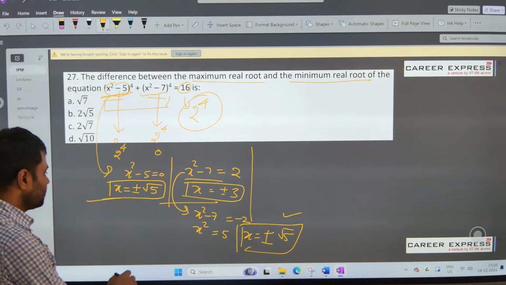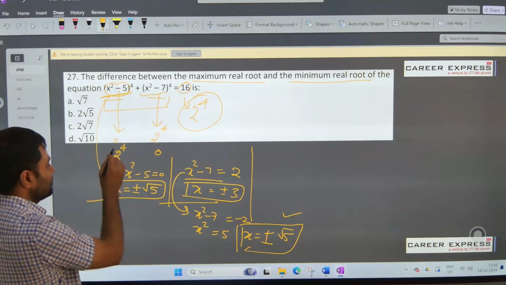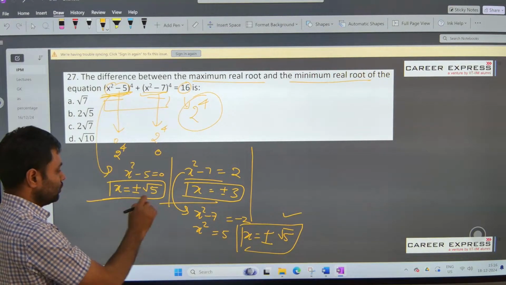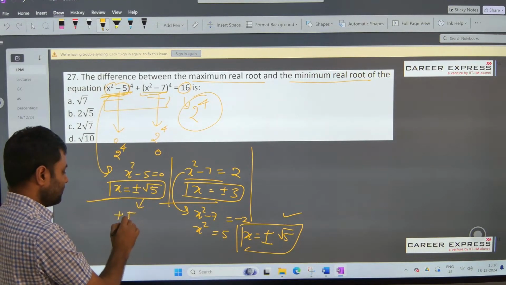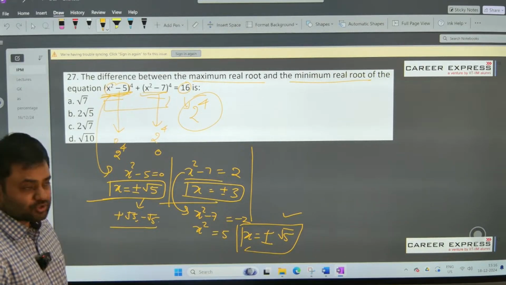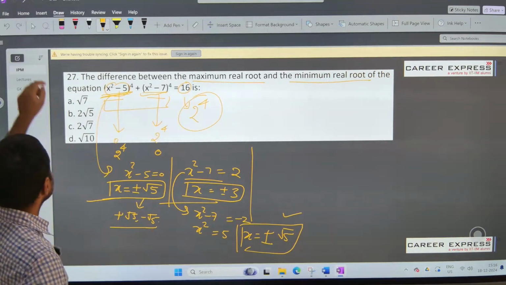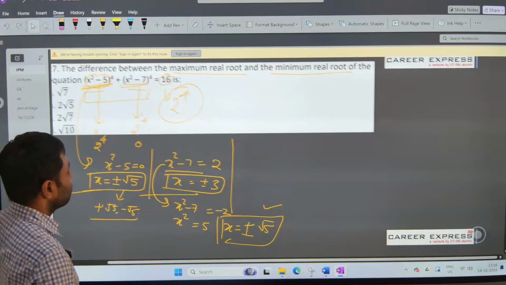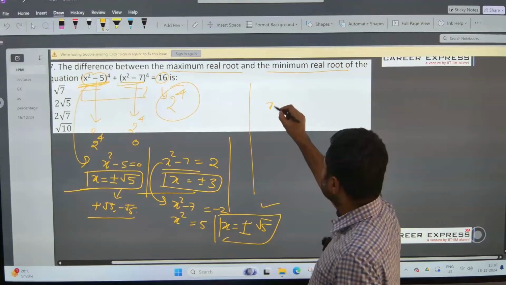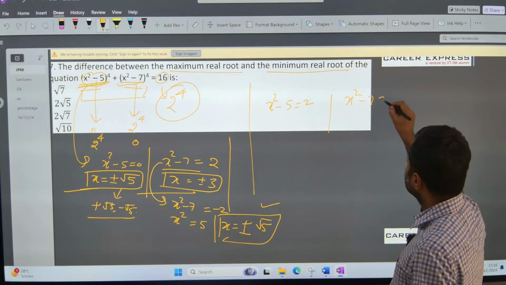So I can say that the two roots that we get from the first assumption, when x square minus 5 is 0 and x square minus 7 is 2, are plus root 5 and minus root 5. Right? We should get other roots by switching our assumption. If I assume that x square minus 5 is 2 and x square minus 7 is 0.